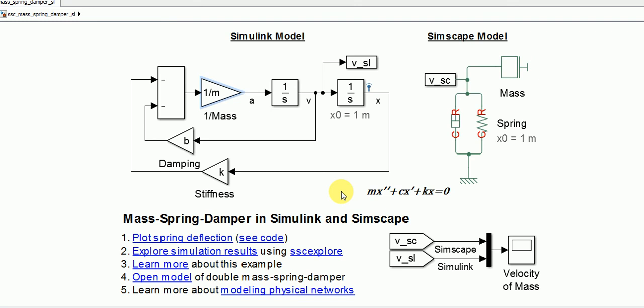In the background we are defining the values of M, B and K. So you can see, for this simple system, the Simulink model is very complicated.